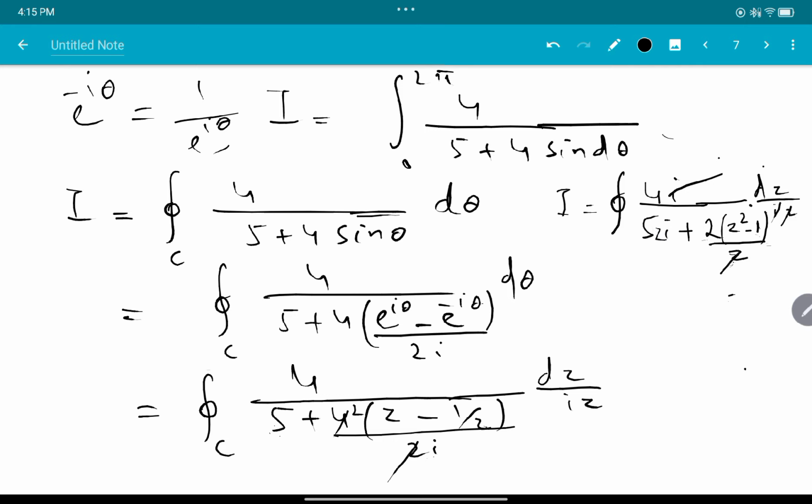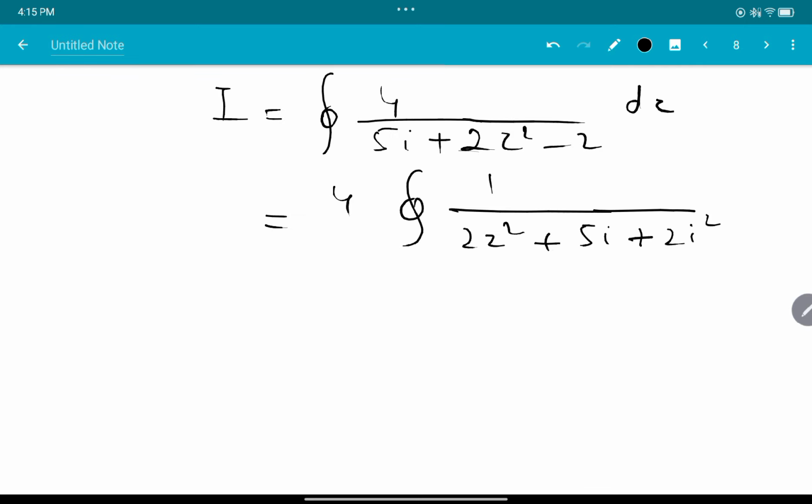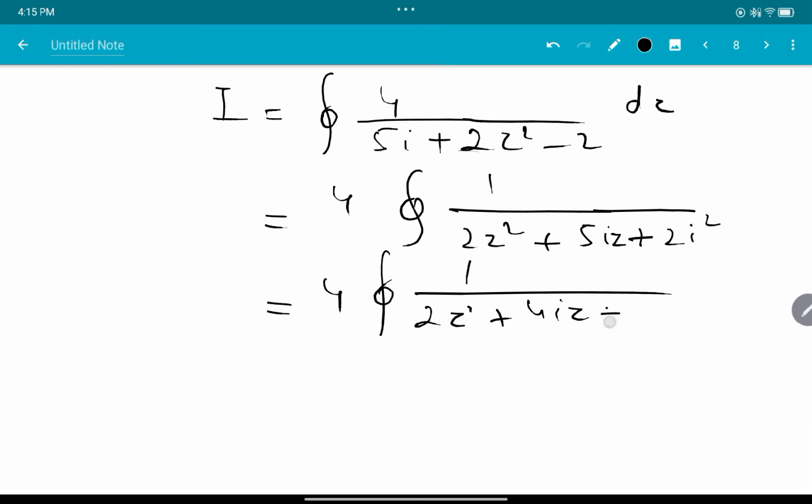So it is 5iz. Then I can write this as 1 by 2z square plus 4iz plus iz plus 2i square dz, 5iz.